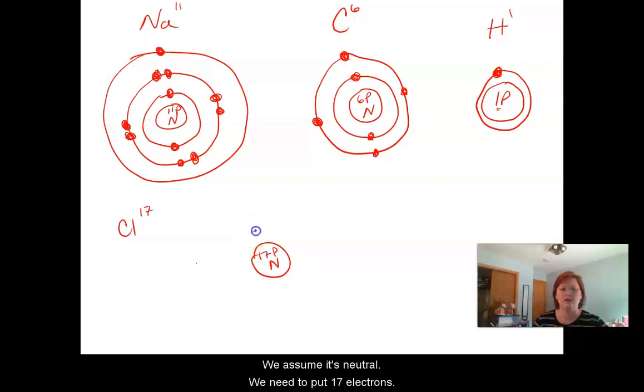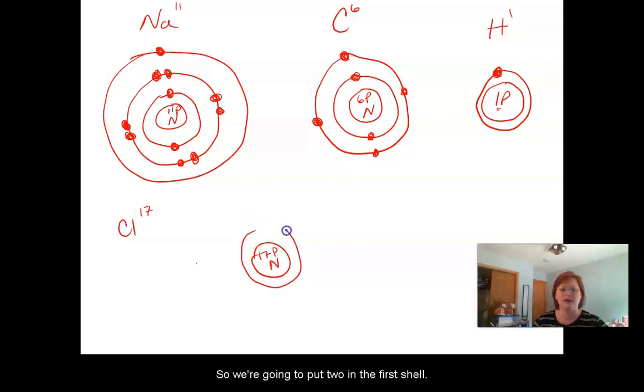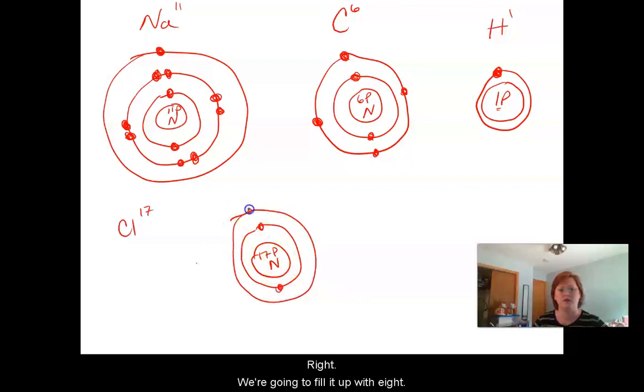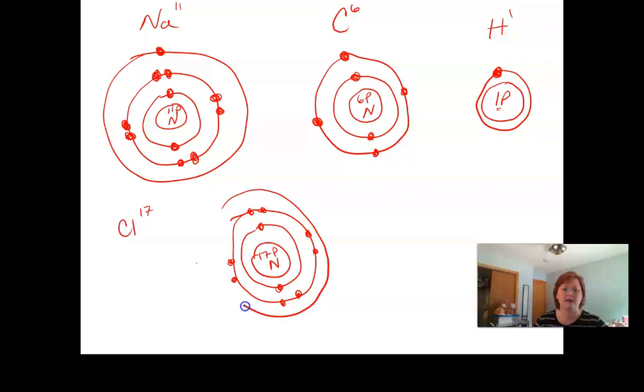And if we assume it's neutral, we need to put 17 electrons. So we're going to put 2 in the first shell. How many in the next one? Right, we're going to fill it up with 8. So we're at 10. We need to get to 17. So we've got 11, 12, 13, 14, 15, 16, and 17.